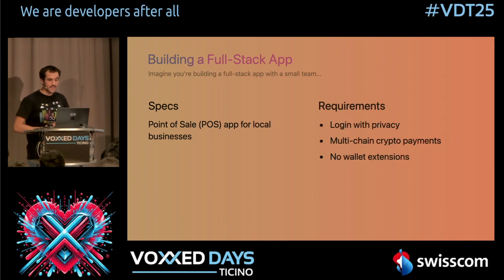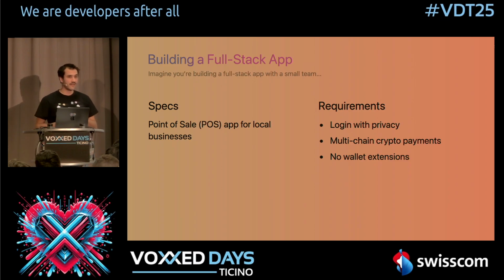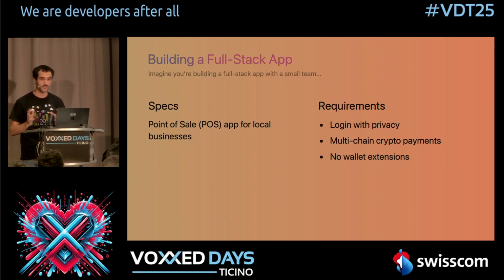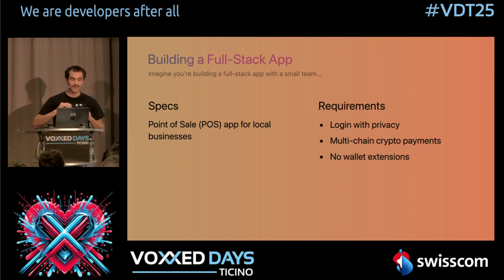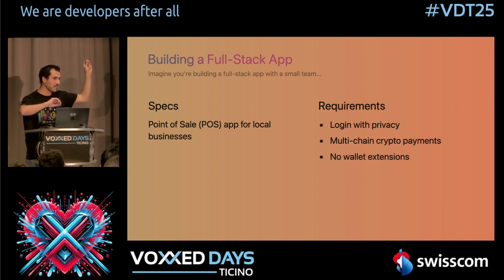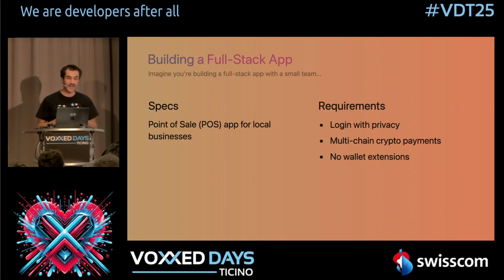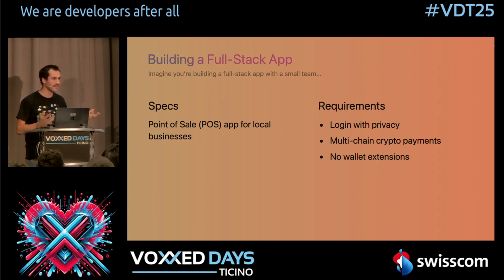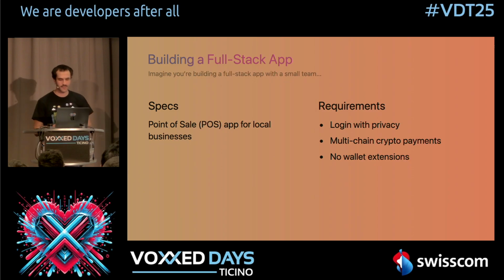We have some requirements, and the requirements are to have a login system that preserves the privacy of the users, in order not to track money and users around all the businesses and all the applications that they interact with after or before going to this point of sale and using this point of sale application.